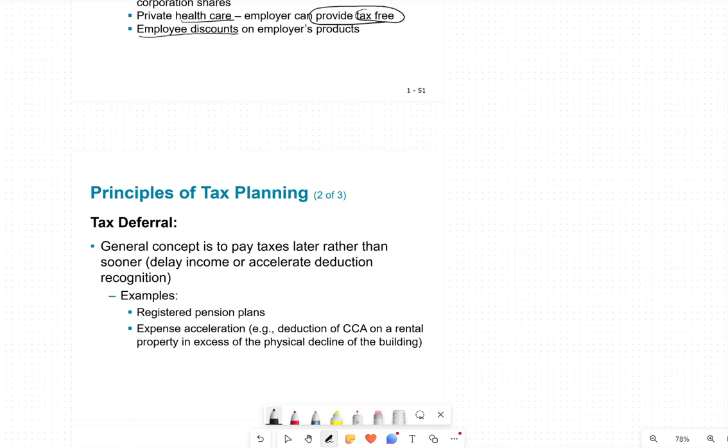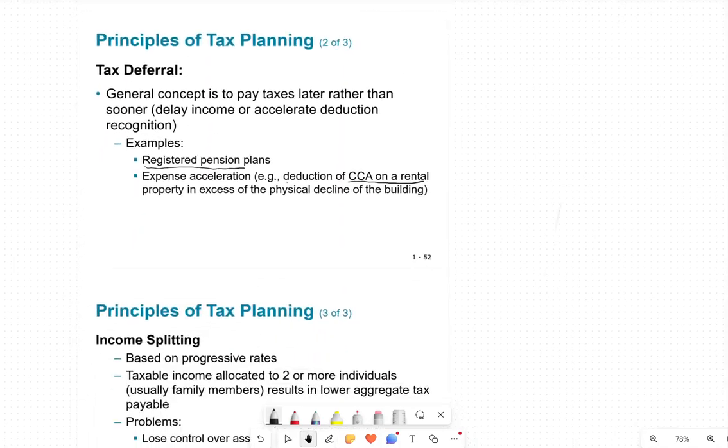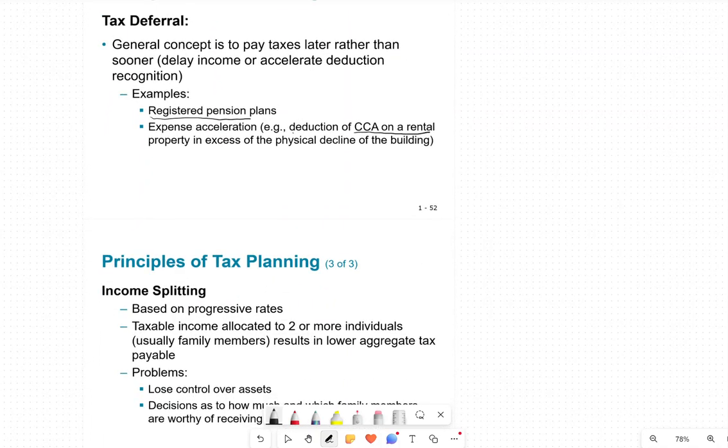We can defer our taxes by contributing to a registered pension plan, or we could defer our taxes by using CCA on a rental property to reduce your rental income. You could defer your taxes, but we have to pay the taxes regardless.